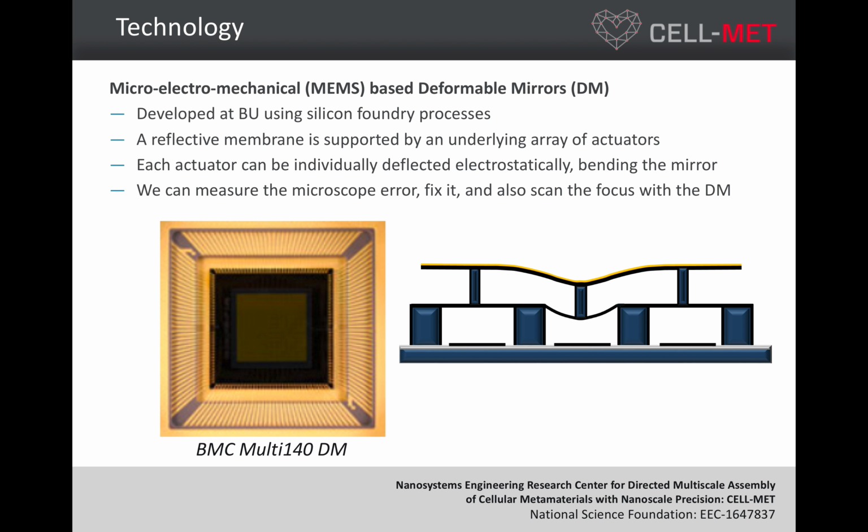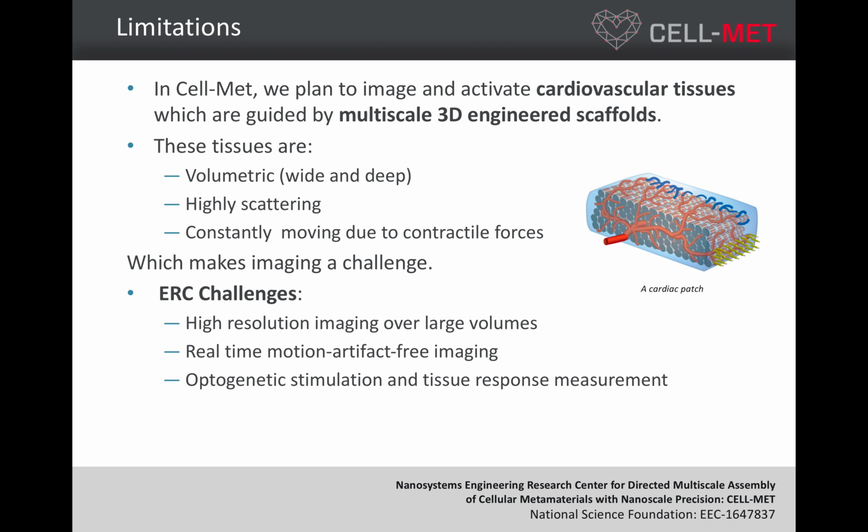So speaking of CellMat, in CellMat we are dealing with imaging problems with a more specific tissue called cardiovascular tissue, which is guided by multi-scale 3D engineered scaffolds. For these tissues, first of all, they are volumetric, which means they are wide and deep, and also they are highly scattering, which means the light passing through the tissue will be scattered in random directions, so the signal you get for the image will be degraded, or even lost.